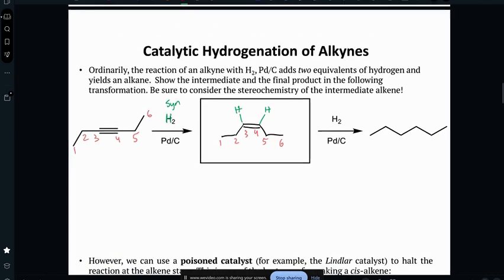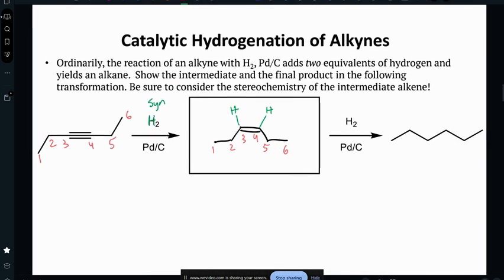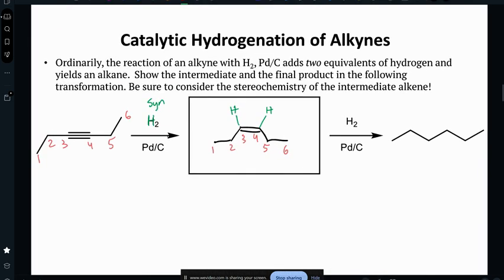But the difference here is I know an alkene will still react further with H2 and palladium on carbon. So this is not stoppable. We can't stop here because I know that the alkene will react with the same reagents to add 2 more hydrogens.